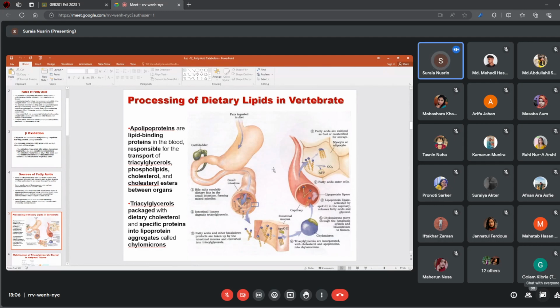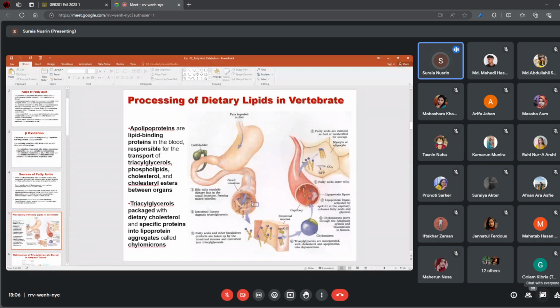Okay, now what happens once you have fat in your diet? That will go from your stomach to the small intestine. And when there is fat in the small intestine, the gallbladder will release bile, and in the bile there are bile salts that emulsify the fat, forming mixed micelles.